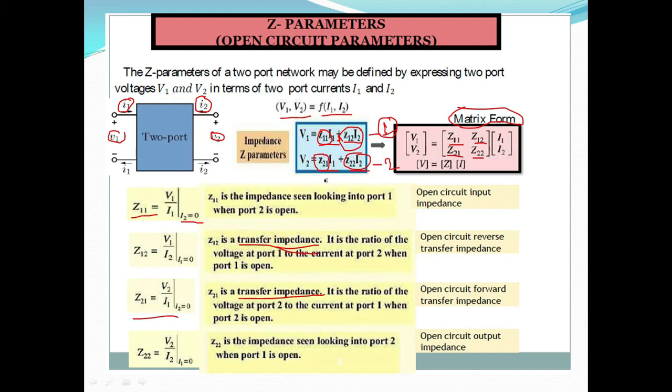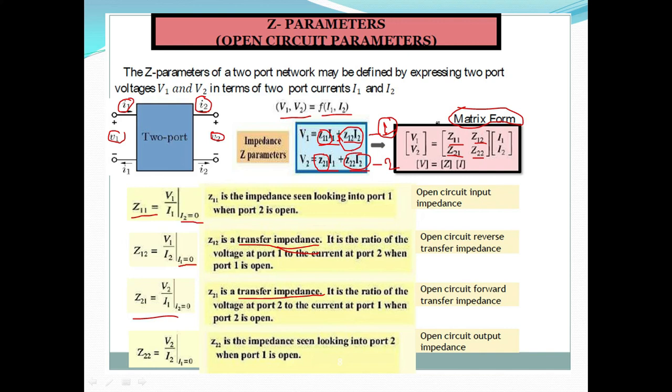It is the ratio of input voltage to output current when the input port is open circuited, which means I1 is equal to 0, and hence Z12 is the transfer impedance.